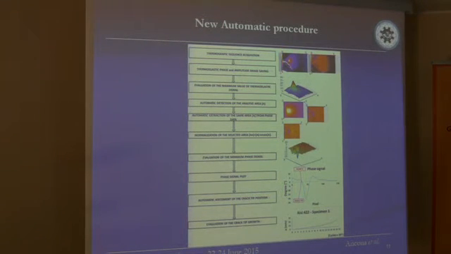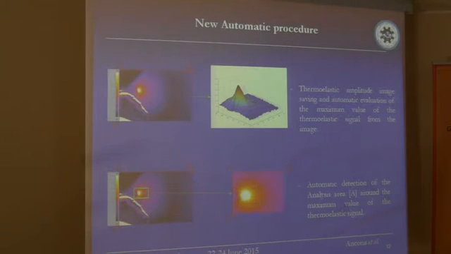Then there is the automatic detection of this area, also in the phase image. So there is an image normalization of the phase image signal, and the evaluation of the minimum phase of the signal in order to evaluate the crack tip position. In particular, for each acquisition we obtain this signal image.